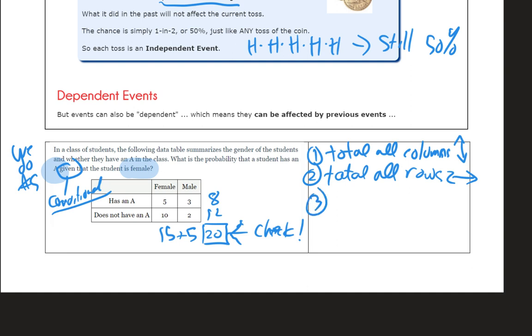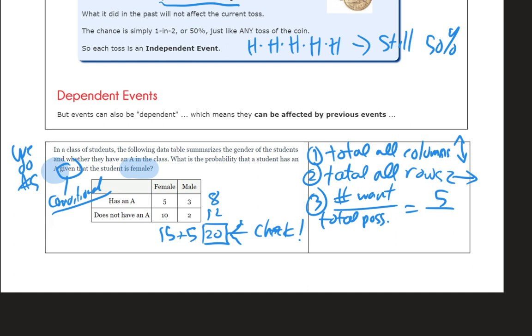So number 3, we said the number of what we want over the total possibilities. What we want is the probability that a student has an A, given that they're female. So if they're female and they have an A, that's 5, right? That's going to be 5 out of the total possibilities.